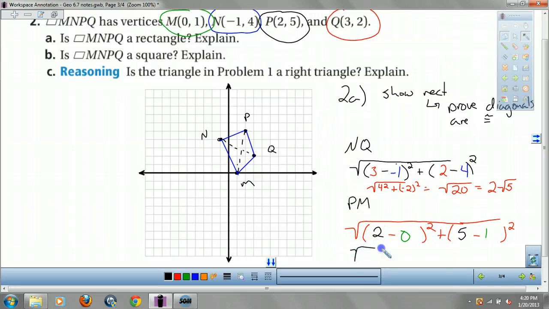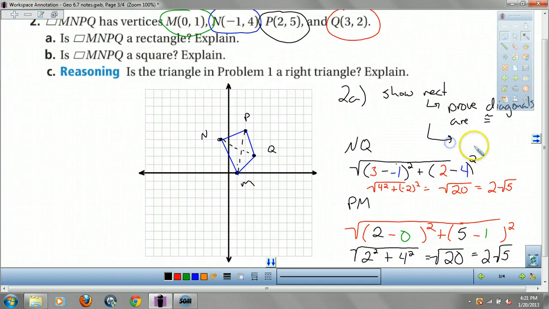So we do the square root of 2 squared plus 4 squared, square root of 20, which is 2 root 5.